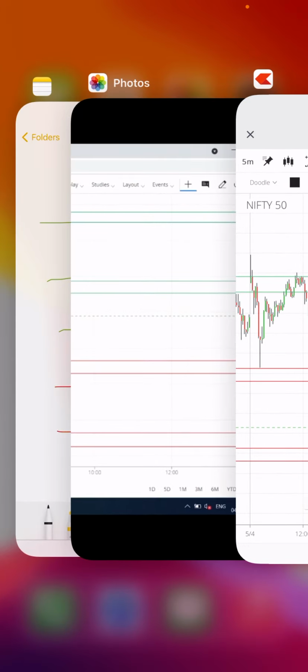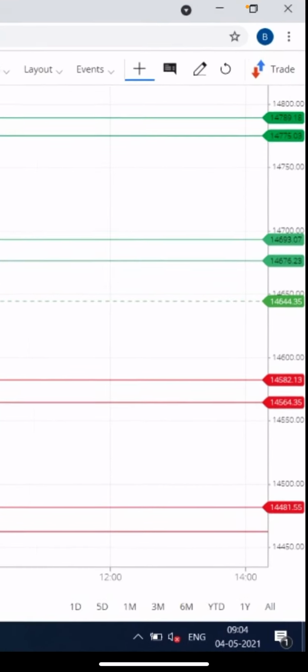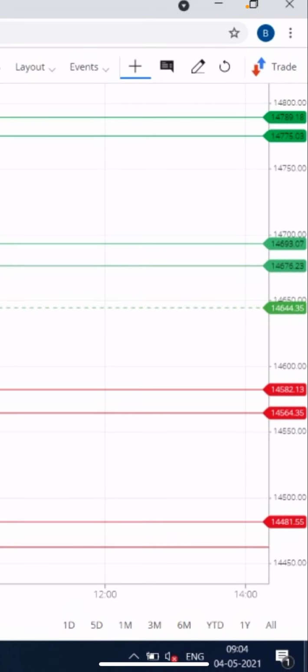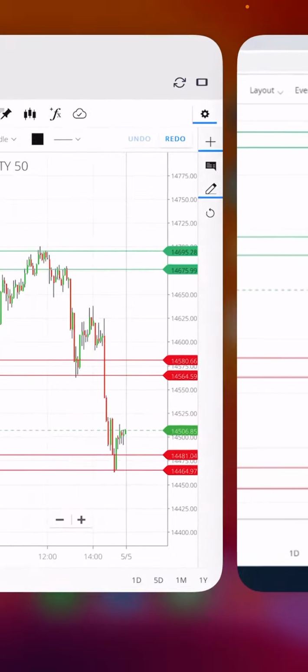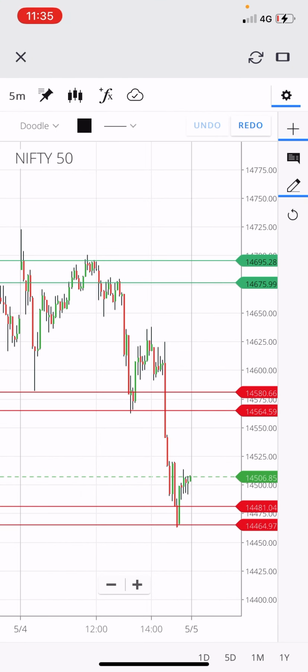And see my support. Today I have created two supports. The first support is 14,582 and the second is 14,564.